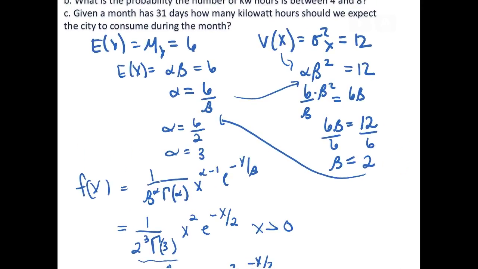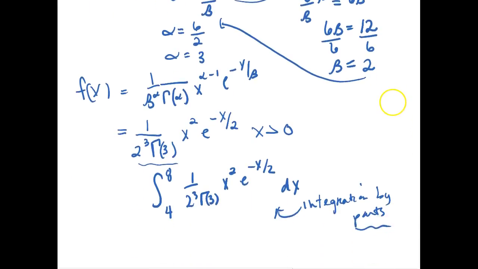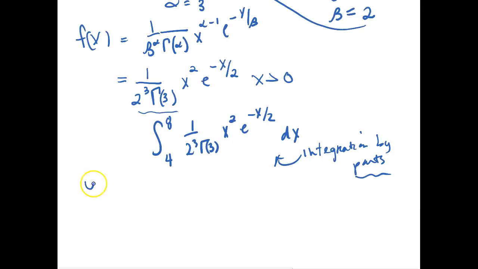Now moving back to our last problem, it says, given a month has 31 days, how many kilowatt hours should we expect the city to consume during a month? Our variable is in respect to days, but we now want to know how many kilowatt hours will be in 31 days, or in 1 month. We can use the rules for linear combinations, because Y would be the number of kilowatt hours in a month.